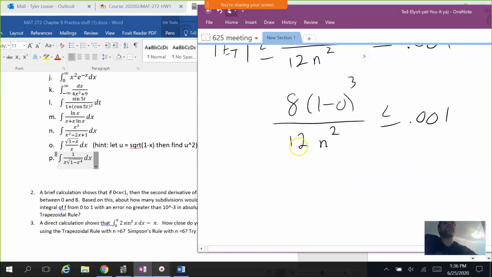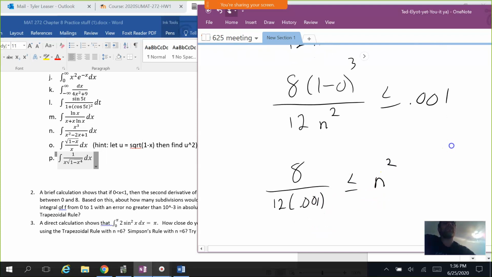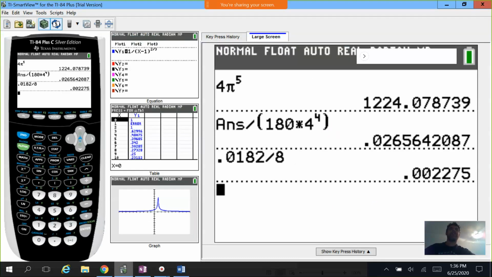So what we'll do is we'll multiply the n squared over, we'll divide by that 0.001, and then just take the square root. I have my special calculator.